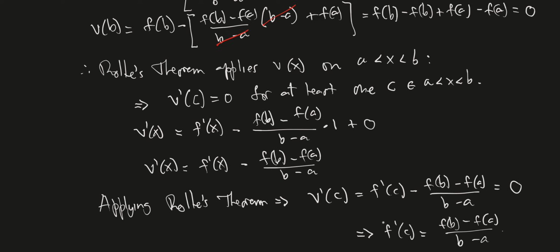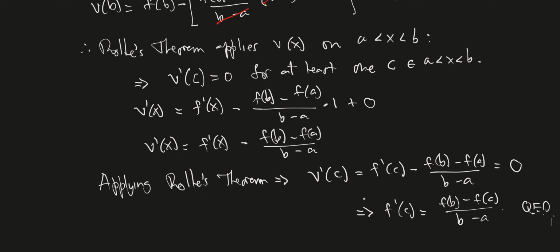So there has to be at least one c where the instantaneous rate of change at that value c is equal to your average rate of change over the entire interval. And that's our QED. So that's our mean value theorem.